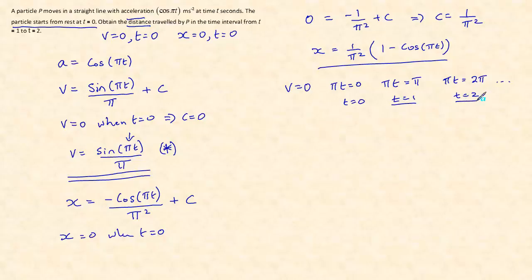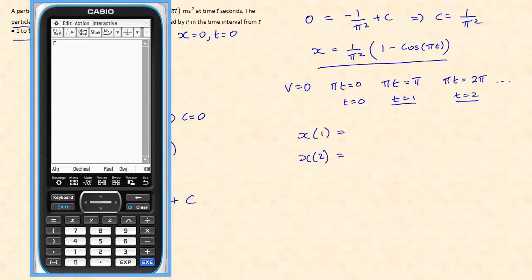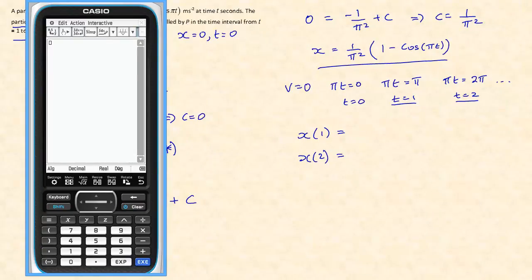So it doesn't actually change direction between t is 1 and t is 2. So we can go for x of 1 and x of 2, and the difference between the two displacements will give us the distance. Now remember, we've been doing calculus here. We have to be in radian mode on the calculator.